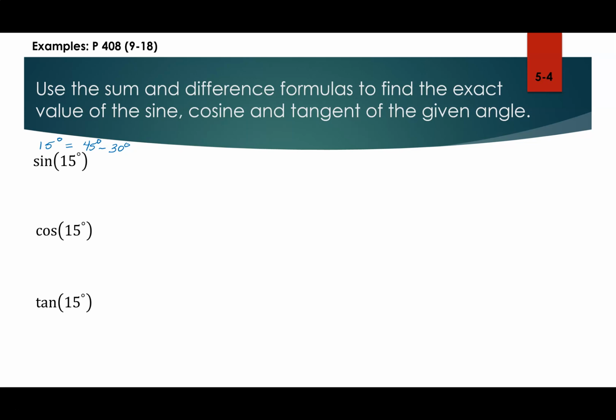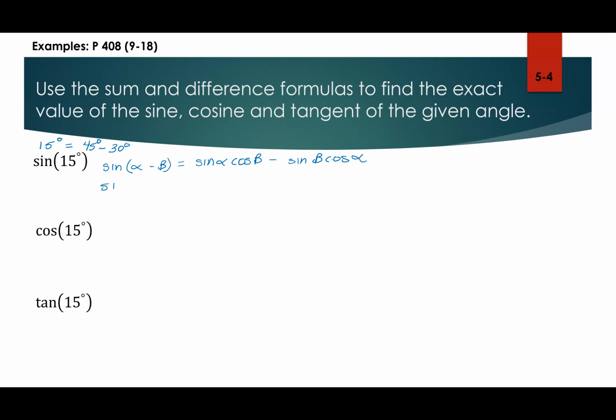So if I look at my pattern for sine of alpha minus beta, because we're going to use 45 minus 30, the pattern is sine of alpha times cosine beta minus sine beta times cosine of alpha.